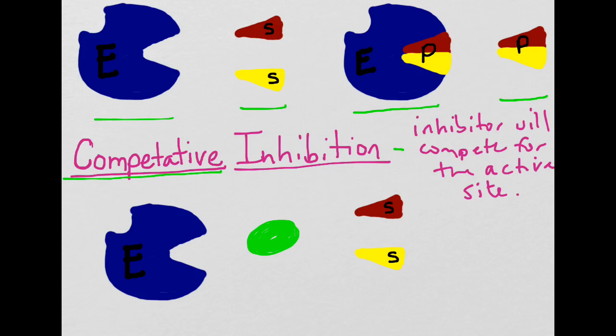Okay, so here in my picture, I've got this little green blob. This is our inhibitor. Sometimes inhibitors are the same shape as the substrate, so they fit there so perfectly. Sometimes they're just close enough to get in there and block them. Okay, so let's move this guy over to block the enzyme, and then these poor little substrates, they cannot get in.